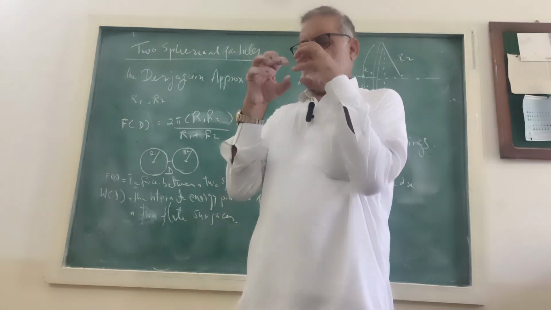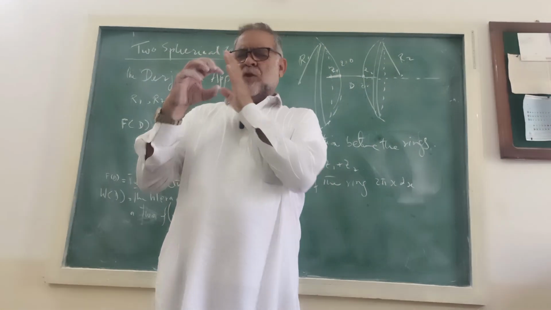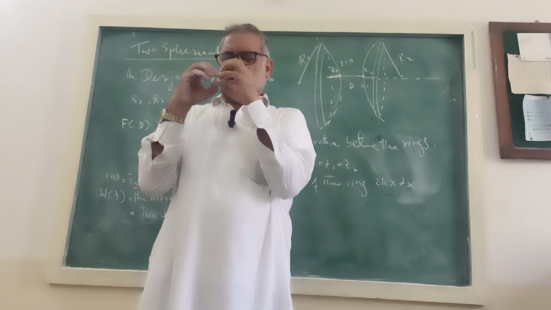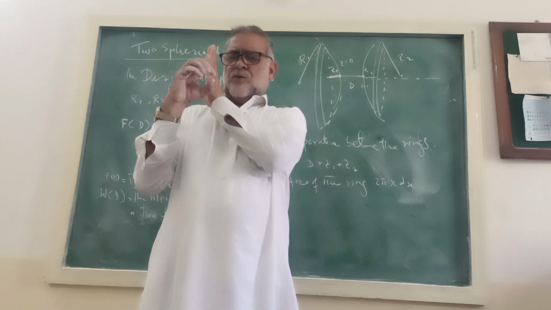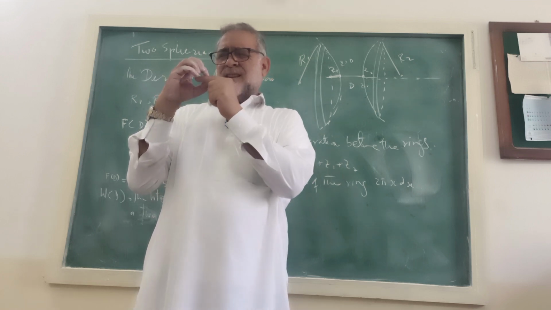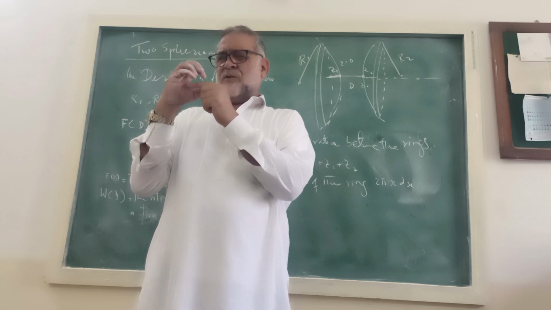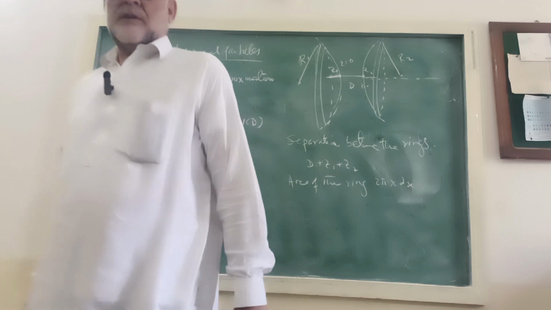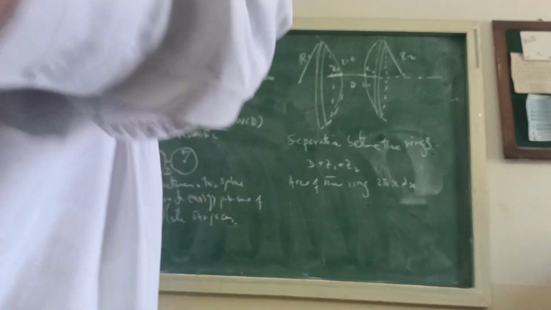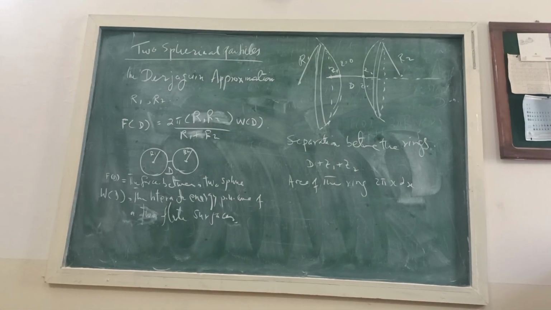When you cut it here, this is D, and this is Z1 or Z2. This is the center of the ring.